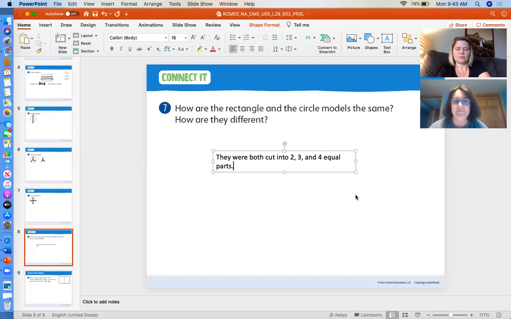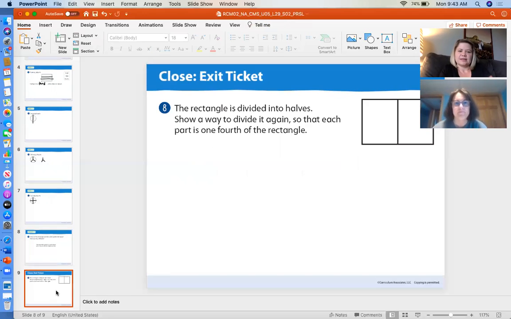But they're different shapes. So could that be how they're different? Yeah, they're different shapes and sizes, right? Okay, how's that? Perfect, looks good.